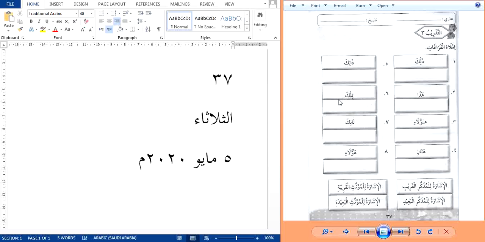Before we do this lesson, as you know, I already uploaded a video explaining the اسم الإشارة, the demonstrative noun, and this is the exercise about that topic.